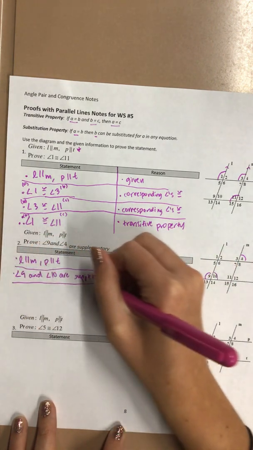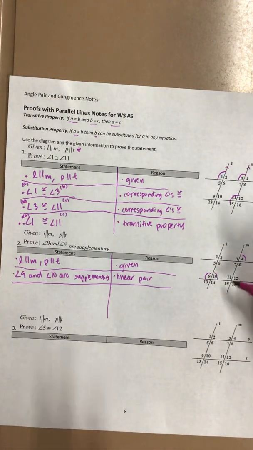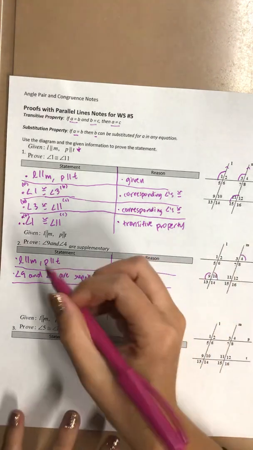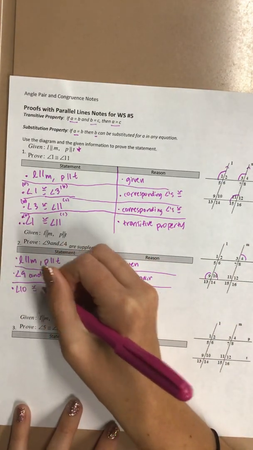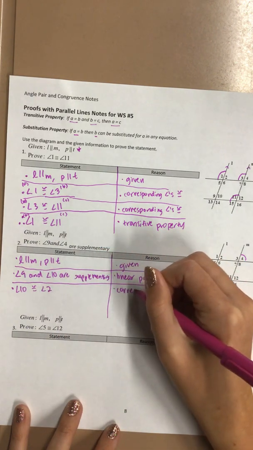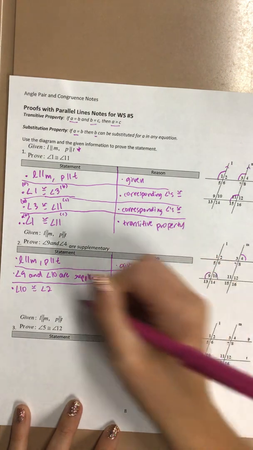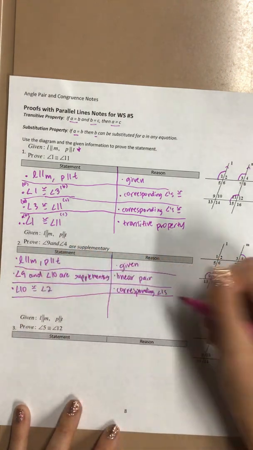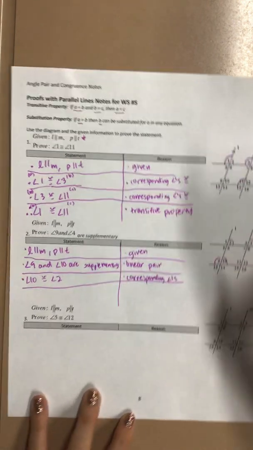Then next, I've got to try and get it so that 9 and 4 are supplementary. So I'm going to go from 10 to 2. So I'm going to say angle 10 is congruent to angle 2, and that's because of corresponding angles. And now I'm at 10, then I'm at 2. Got to do one more to get to 4.